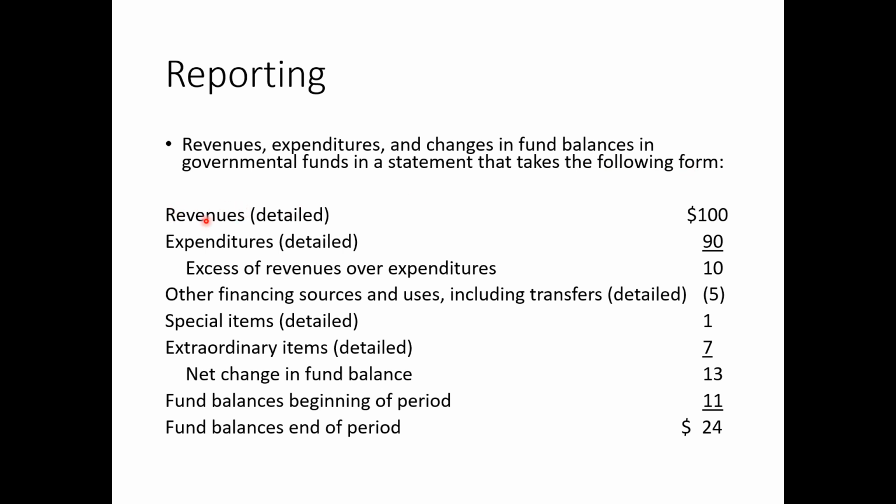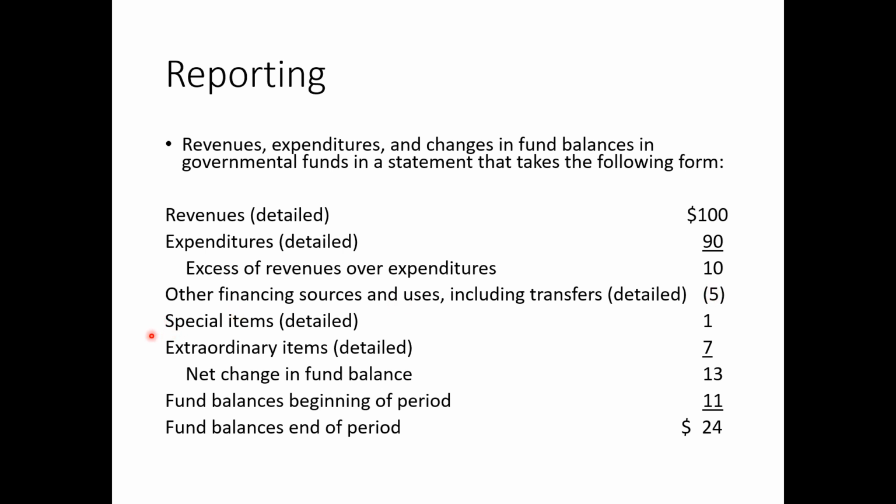We're going to report revenues followed by expenditures, and we have the excess of revenues over expenditures. Then we're going to report other financing sources and uses, the net. Obviously, this is net other financing uses.